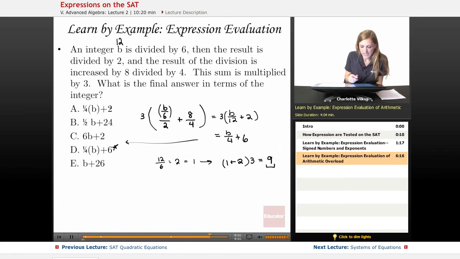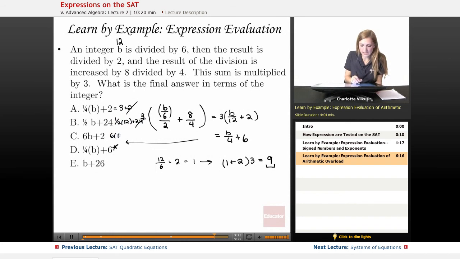So here, if we ended up plugging in 12 into here, we'd get 3 plus 2, which was not what we got down here. So no, here, if we put 1/2 times 12 plus 24, I'm going to get 6 plus 24, 30, also not my answer.